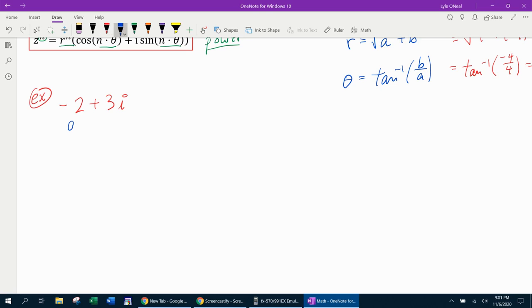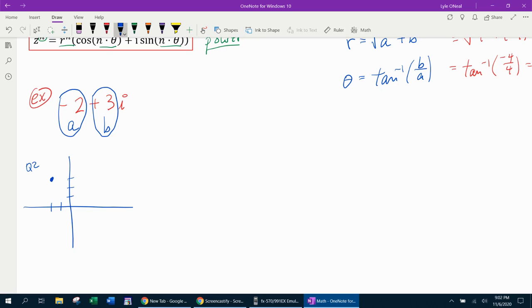So here we can see that A is -2 and B is 3. And so if I'm going to plot that point in the complex plane, that's going to be -2 to the left, up 3. And can you see that that point lands in quadrant 2? Yeah.